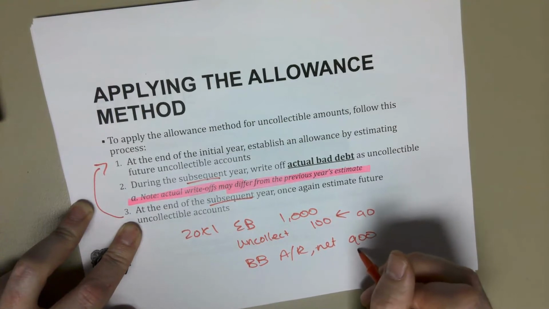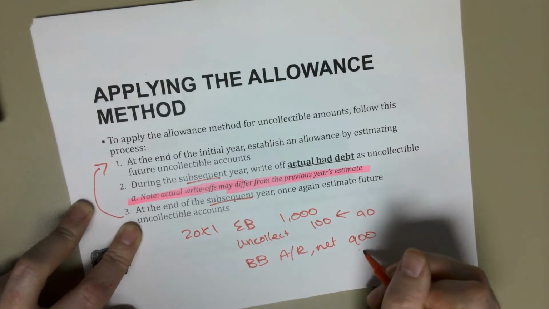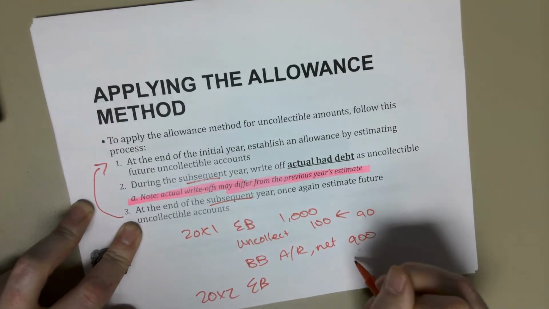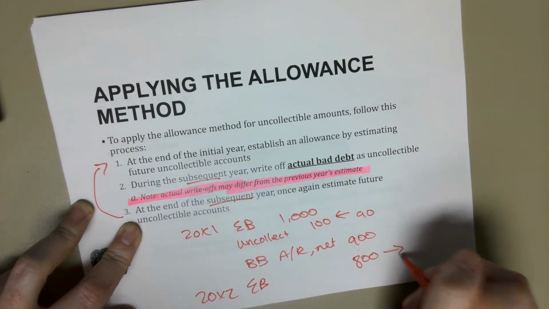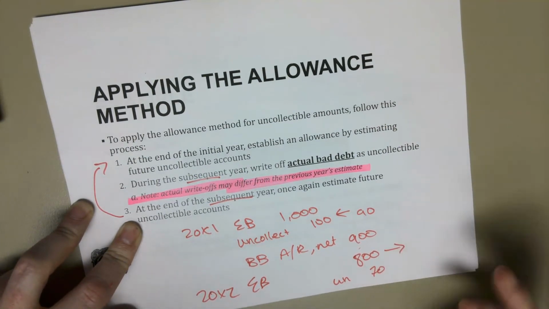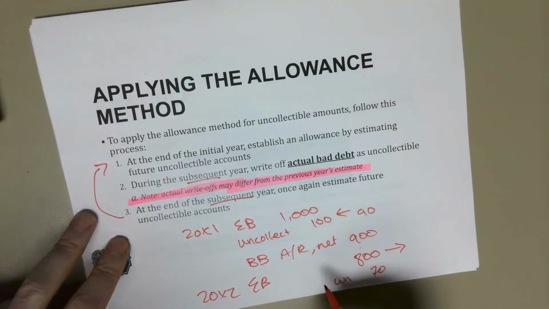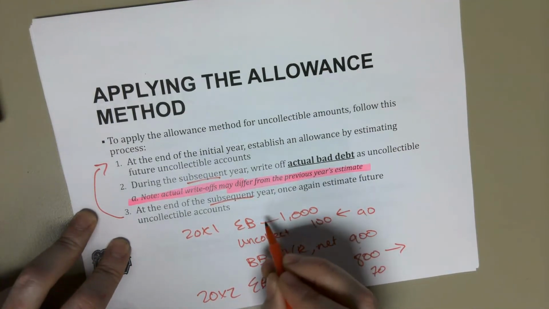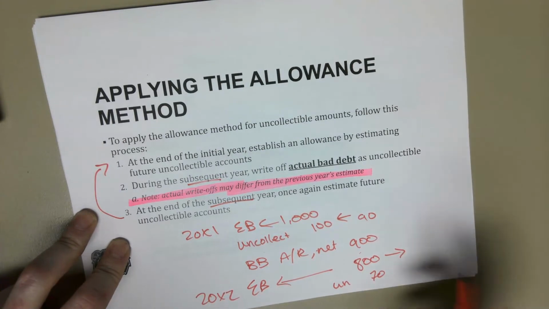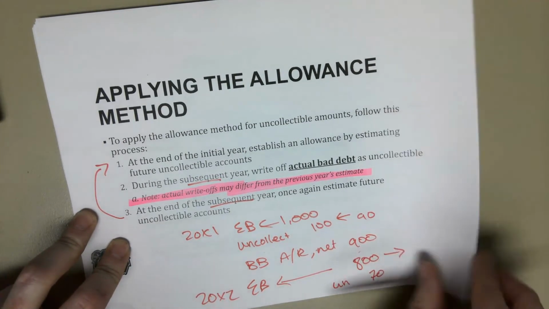And our new ending balance in 20x2 is $800. And we say, you know what, maybe we're not going to collect $70 of that, right? So each year you just make an estimate based on the new ending balance of the current year. Okay, that's all that's saying. And then at the end of that year, we will write off that amount specifically.